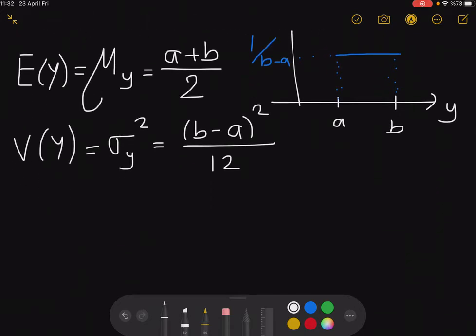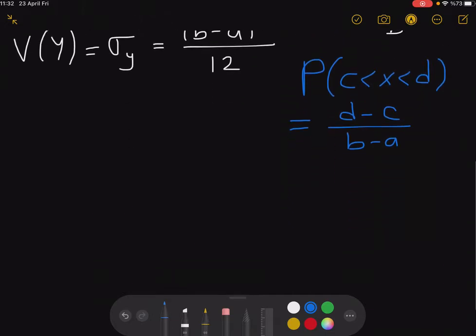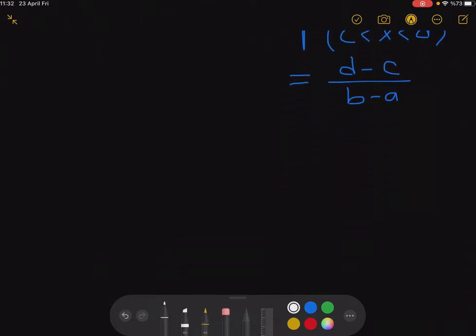And if you're curious about a particular range, the probability of, for example, y being between c and d, it would be equal to (d minus c) over (b minus a). I think that's very convenient to take note. Okay, now let's take a look at an example from our textbook.